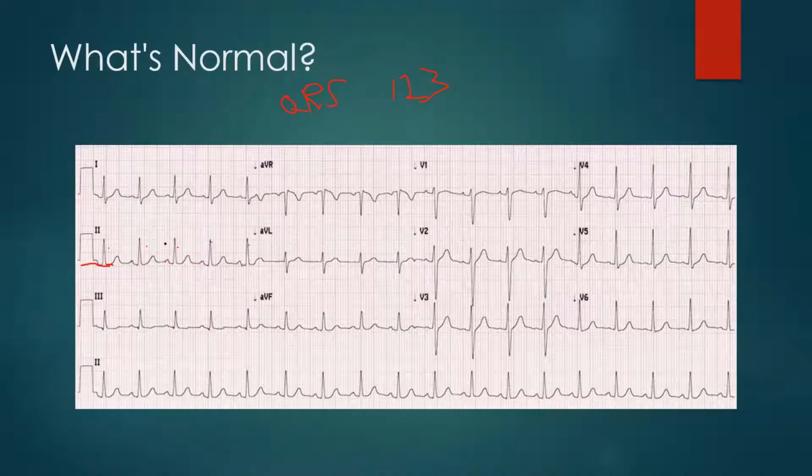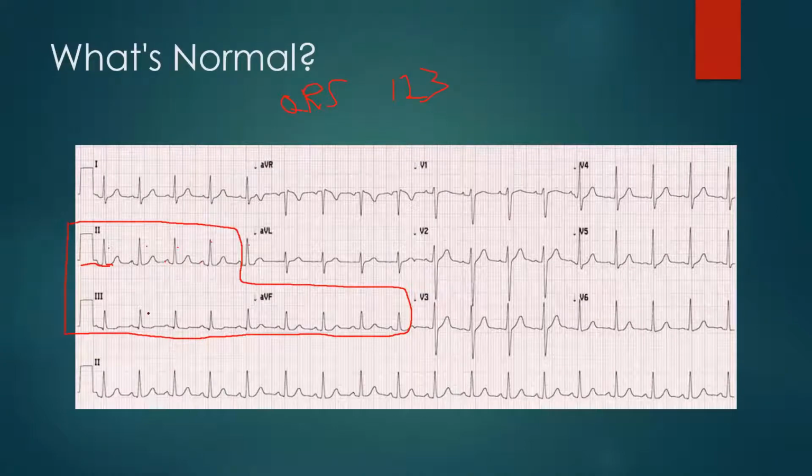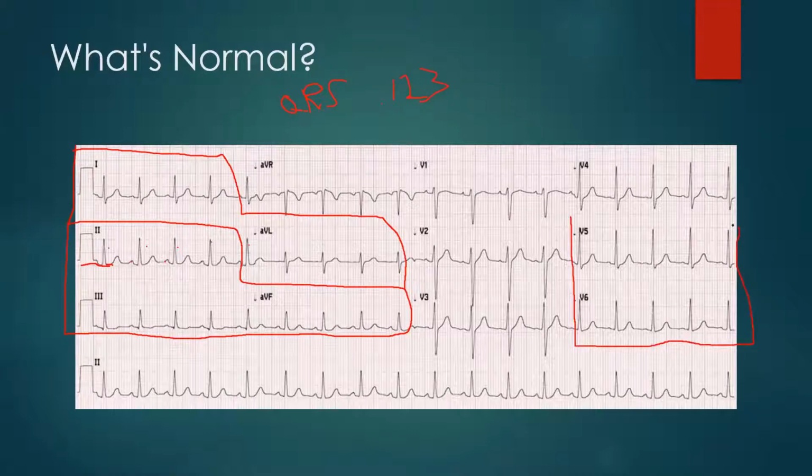And you're looking at this in patterns. We all know our inferior leads, I think. You look at these as a group for your inferior. Then you can look at lead 1 and AVL as a group, and V5 and V6 also go along with 1 and AVL.